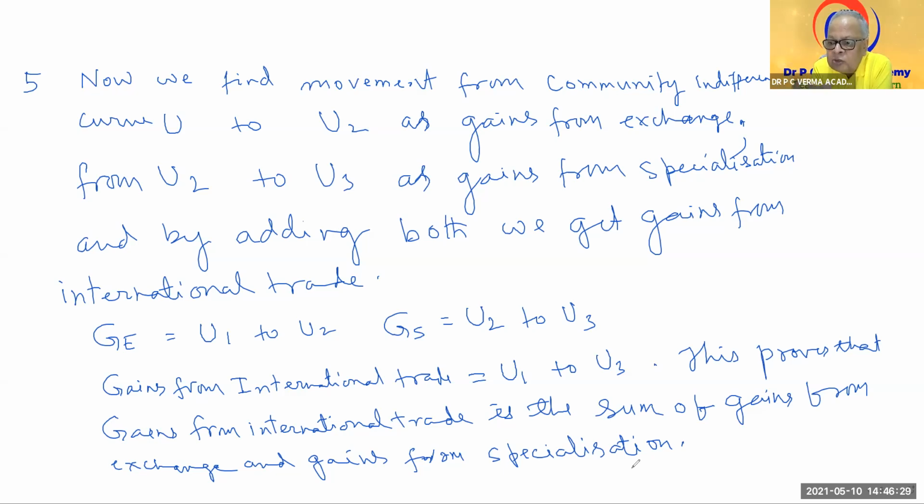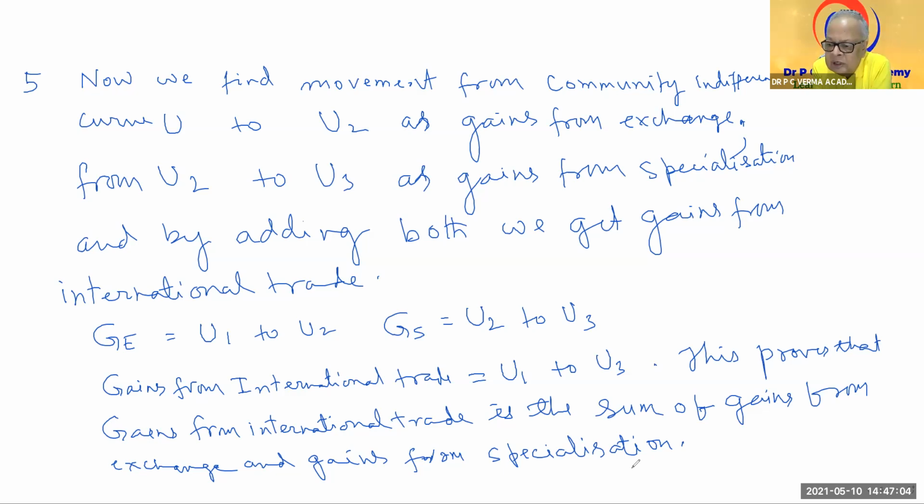Then the country will export more, import more, and finally shift to another higher indifference curve. Then the story of international trade is complete. The story of international trade, which started by exchange, entered into specialization, and that is the final result.